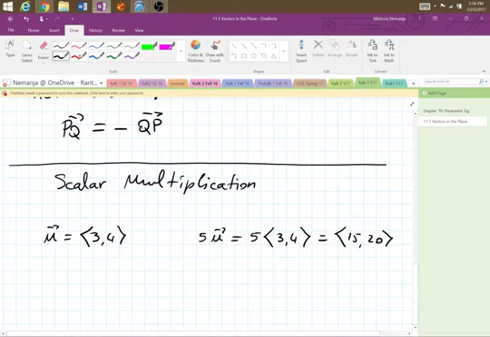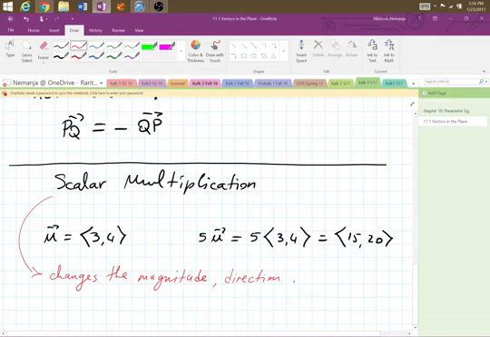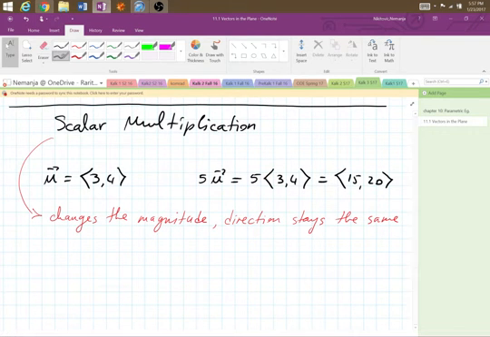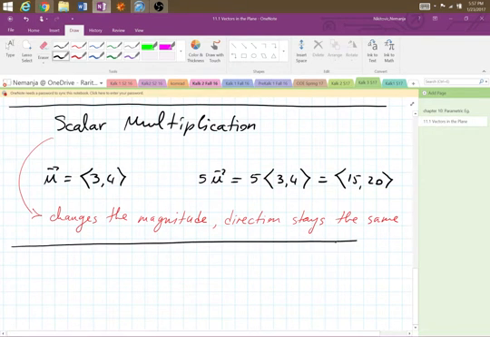So scalar multiplication changes the magnitude, direction stays the same. So we can change the size of the vector.